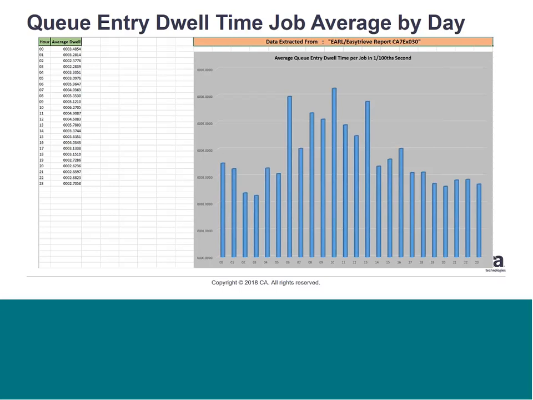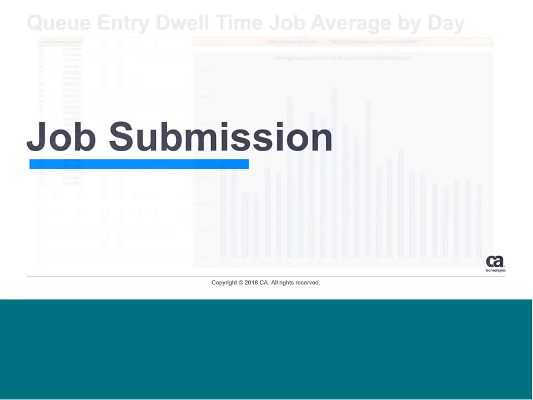There may be more JCL to be loaded at jobs running at certain times of the day. So there's a number of different factors that may impact how much time it takes to load a job, but it gives you a good view across the hours of the day about how much time on average it takes to load a job into the queues.